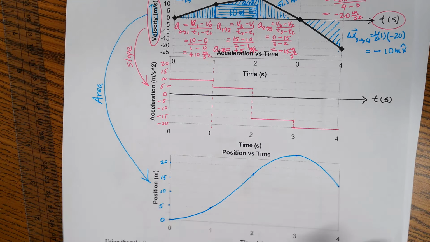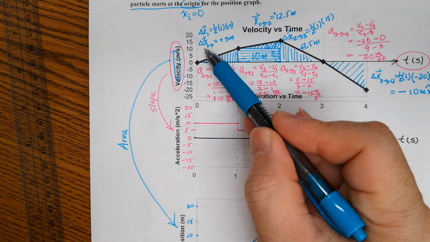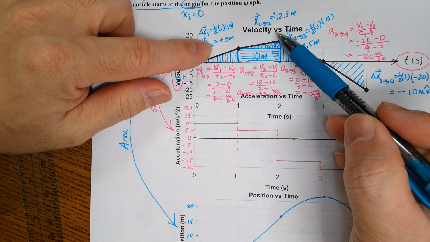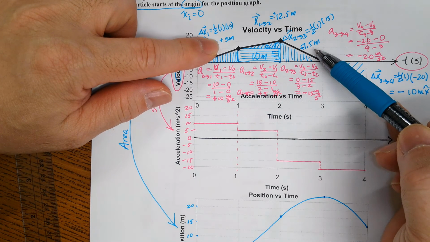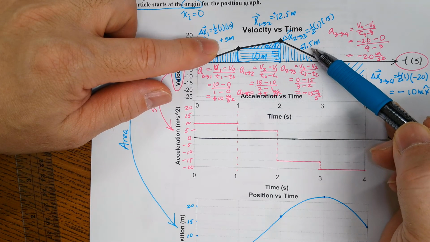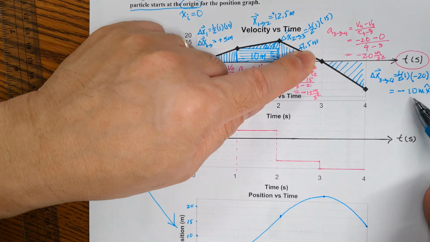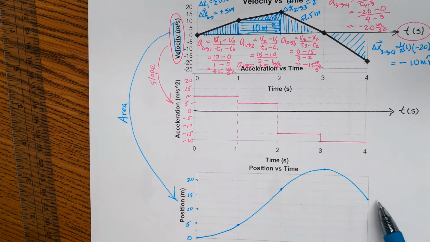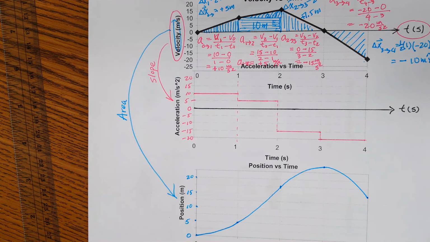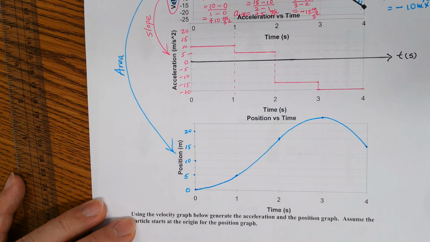So what happens when I add up all the area? Well, when I add up this area here, 5 plus 12.5 plus 7.5, I get 25, minus 10, and I should end up at 15. Boom, 15, like that. So my total displacement of the total trip is positive 15 meters.